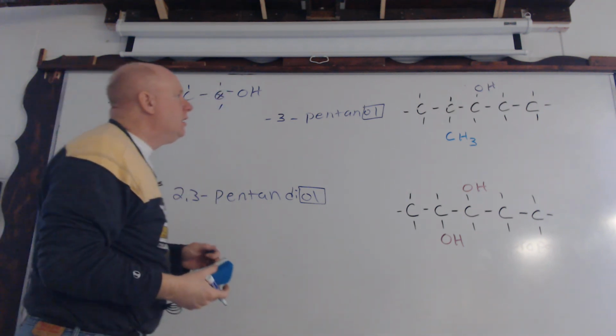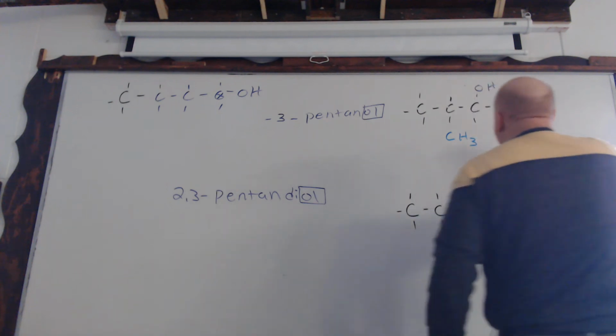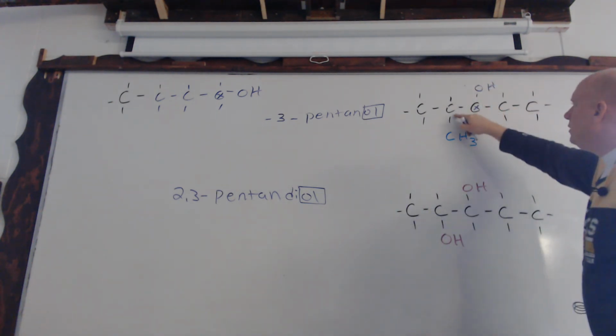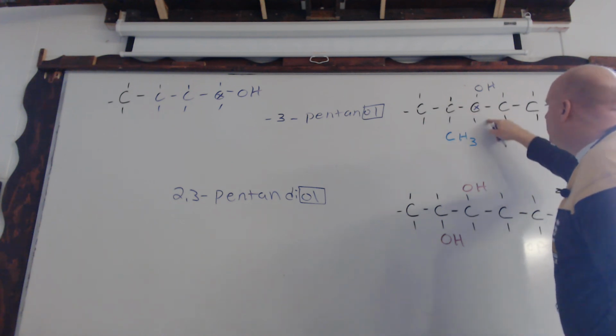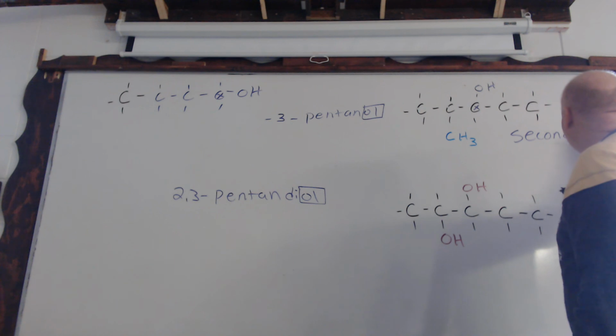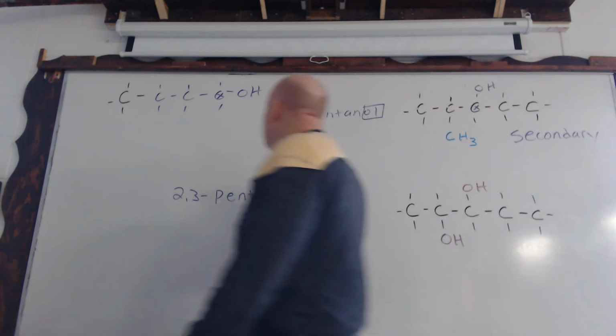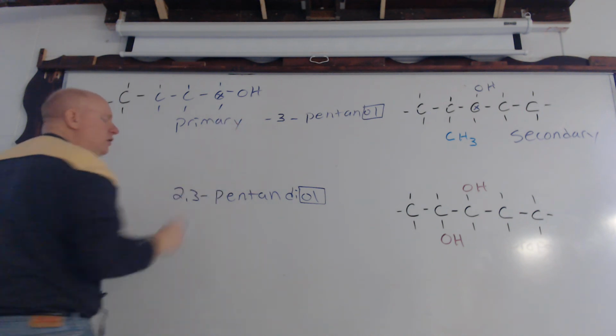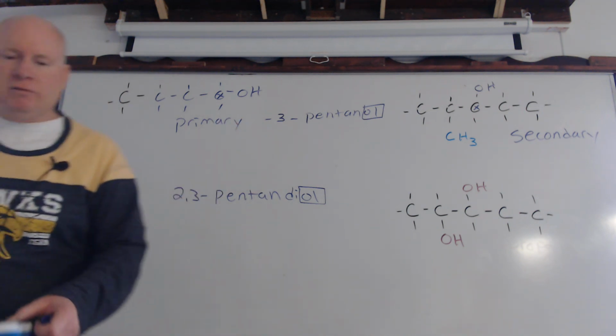Okay? Notice in this case, X marks the spot again. That carbon is connected to two other carbons, so this again is secondary. I think the more we see this, the better off we're going to be. So primary, and we'll get into tertiary alcohols once you return.